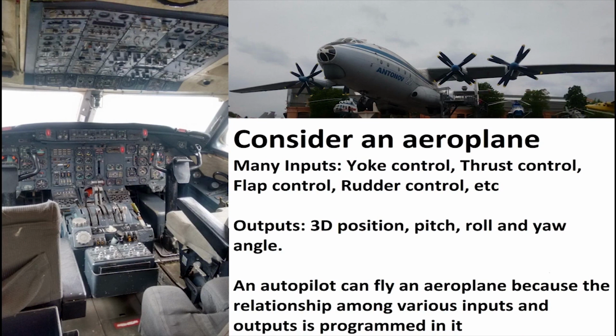However, you must be aware that often an aircraft can be driven completely with autopilot without any human intervention. That is possible because the autopilot or the computer knows the relationship between various inputs to this aircraft and its output very well.